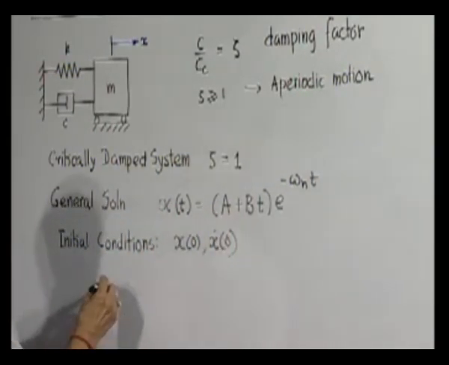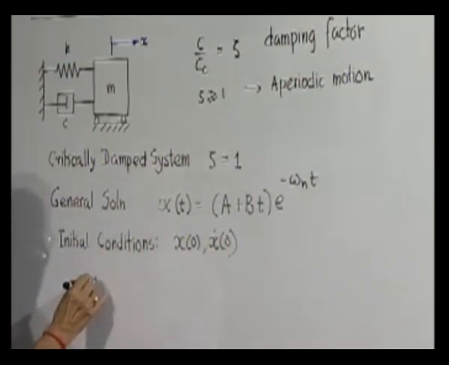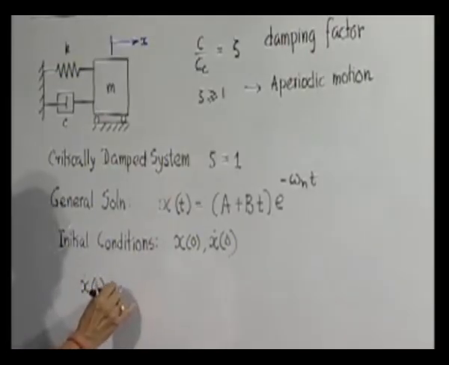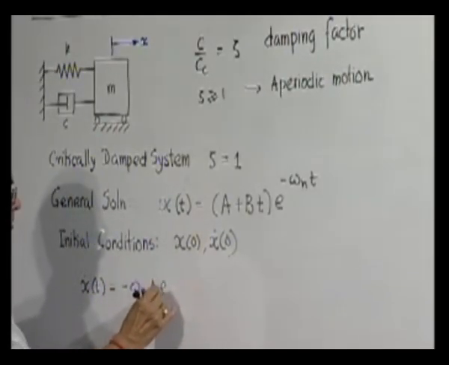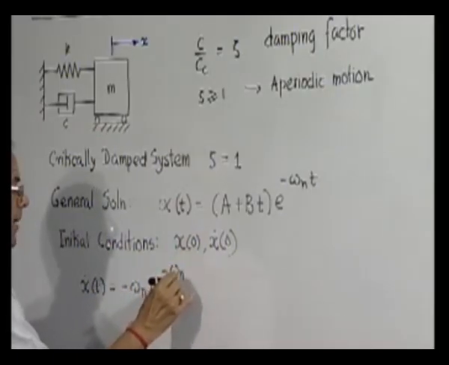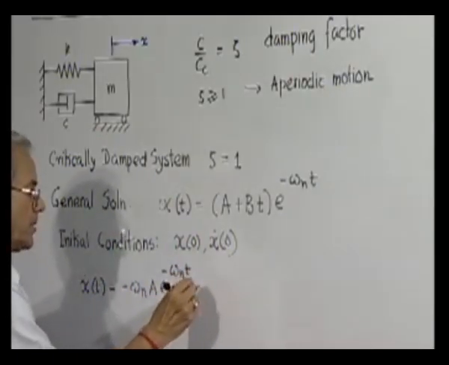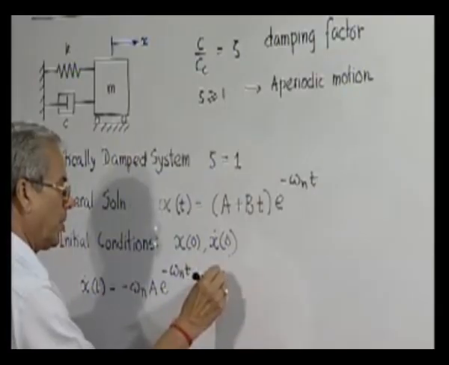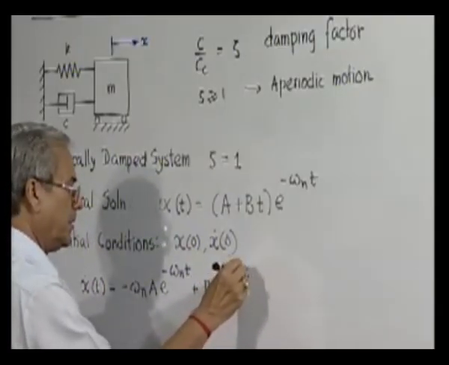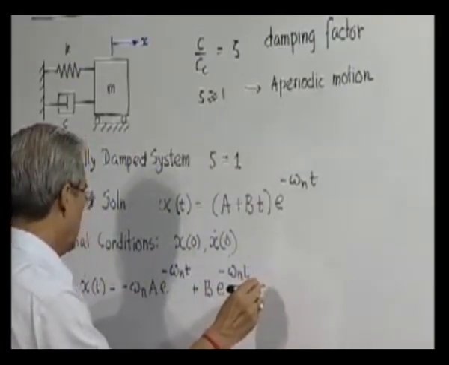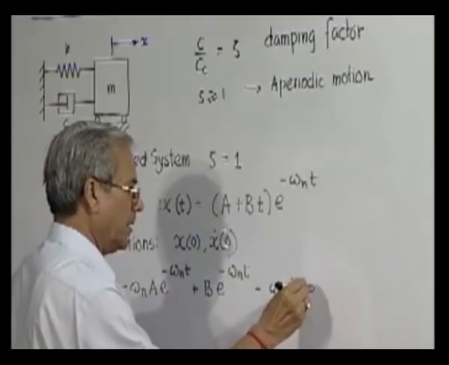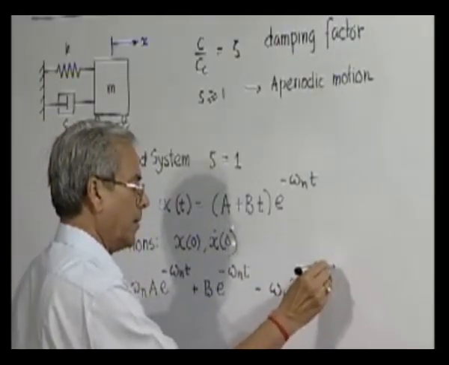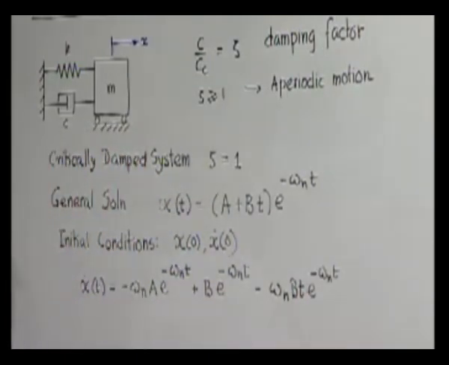So simply here we can write that x dot t is equal to minus omega n a e to the power minus omega n t plus b e to the power minus omega n t minus omega n b t e to the power minus omega n t, by differentiating this quantity with respect to time once.